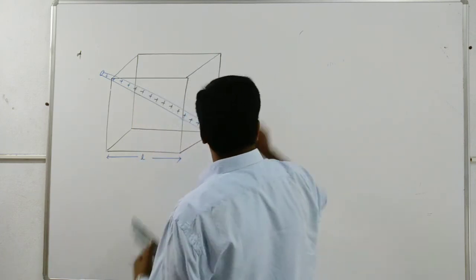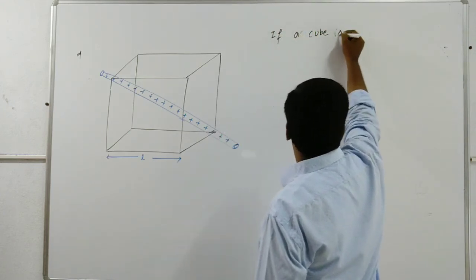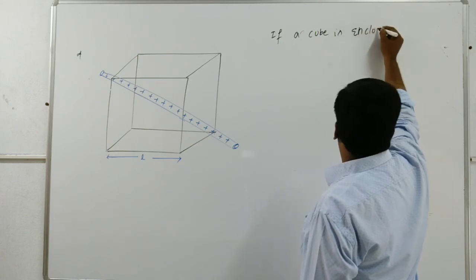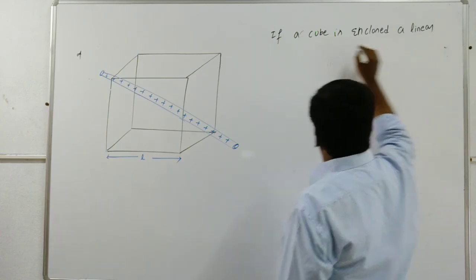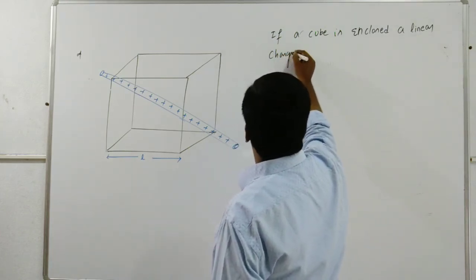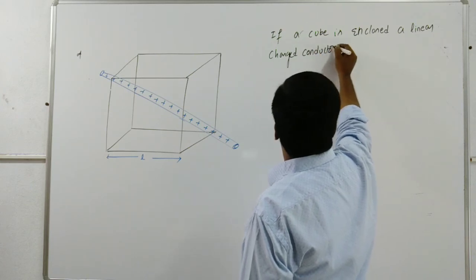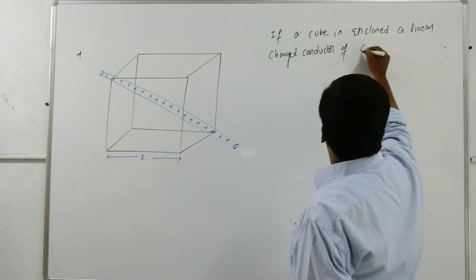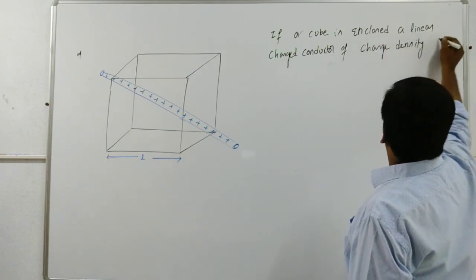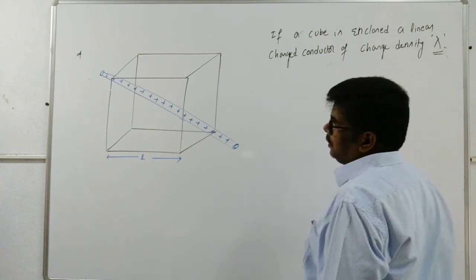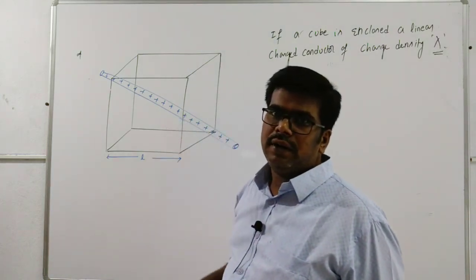So if a cube encloses a linear charged conductor of charge density lambda, because of this charged conductor, it encloses some charge.